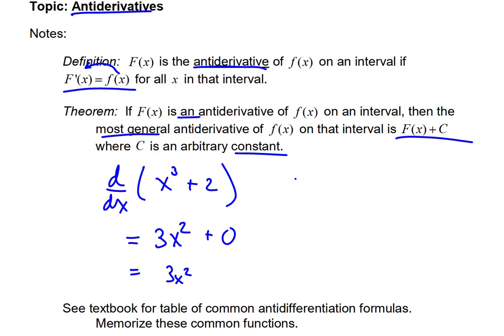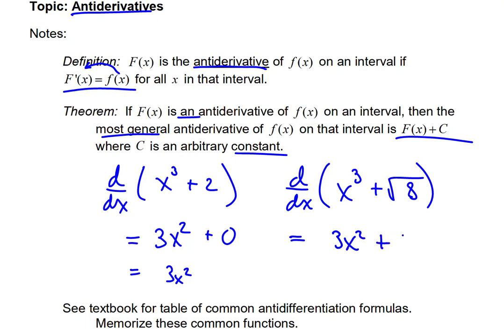Now, alongside that, let's try another example, where this time we want the derivative with respect to x of x cubed plus the square root of 8. I'm just picking some random constant here. But the point remains that if I were to find this derivative, I would say 3x squared, again plus 0, which means 3x squared would be the derivative.